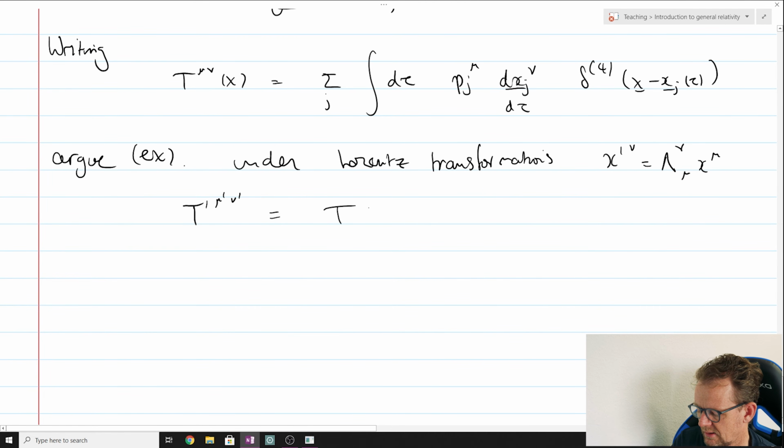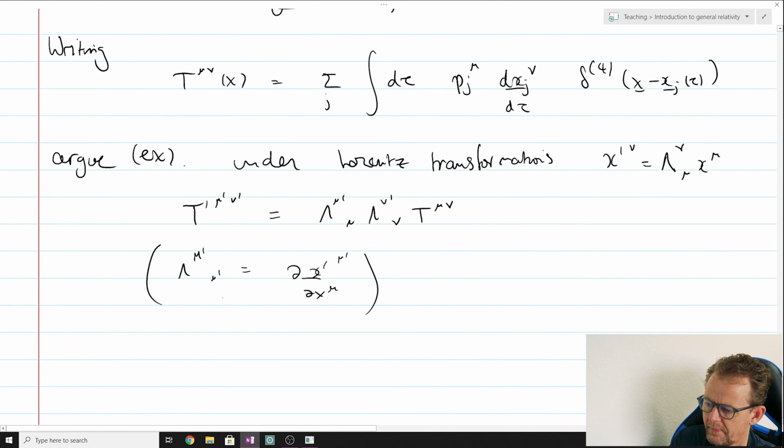So the components T mu nu in the new coordinate system are given by the components in the old coordinate system according to this rule here. But this is none other than the tensor transformation law, right? Note that lambda mu prime mu is just dx prime mu prime over dx mu. So it's a tensor of type 2, 0.